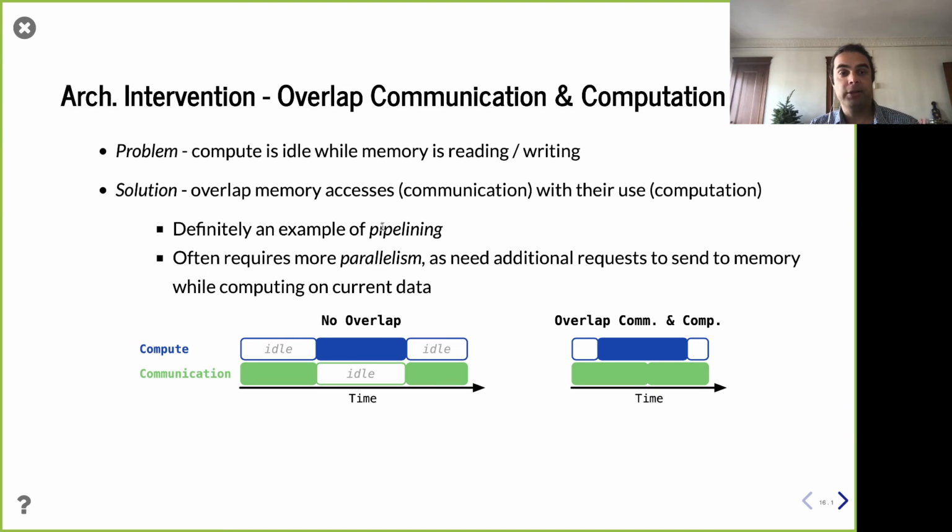Imagine you're a piece of hardware: while it's reading and writing large blocks of memory, it's loading or unloading its state, and then it starts computing, and then it unloads the output and loads a new input. So you're either communicating or computing, but not both at the same time. If you can overlap these two, you can reduce your average bandwidth demand and your peak bandwidth demand.